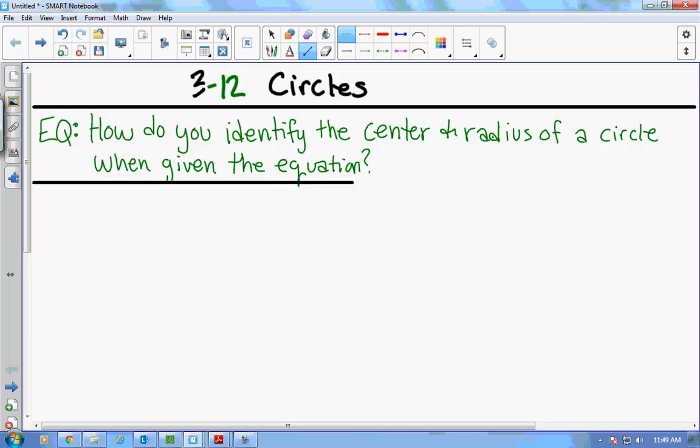How do you identify the center and radius of a circle given the equation?